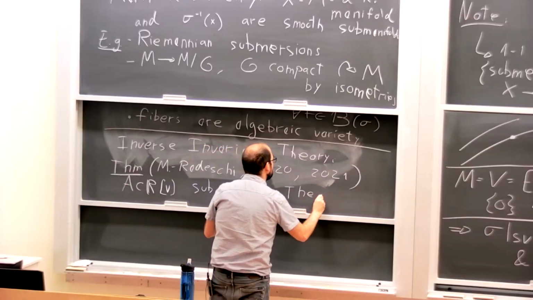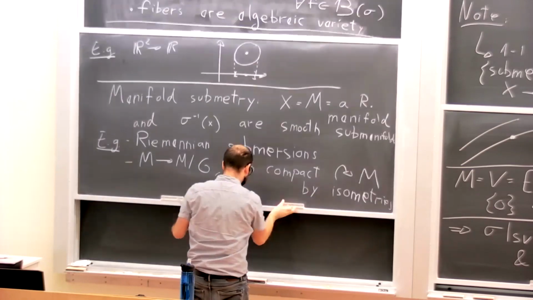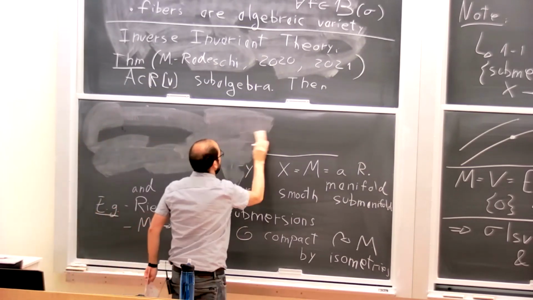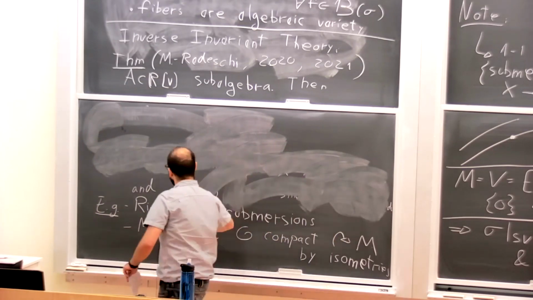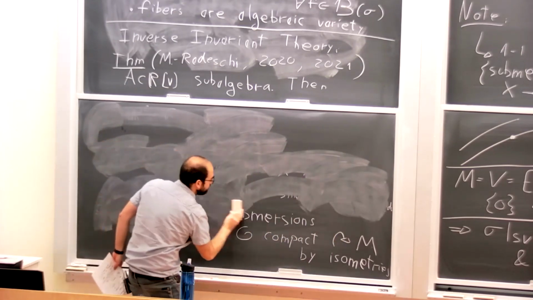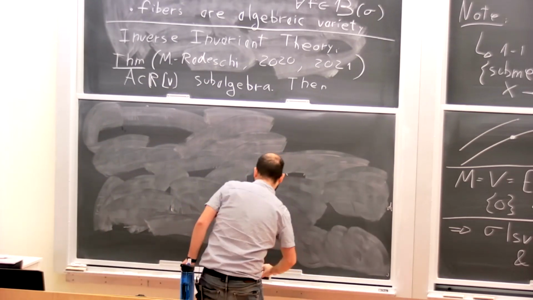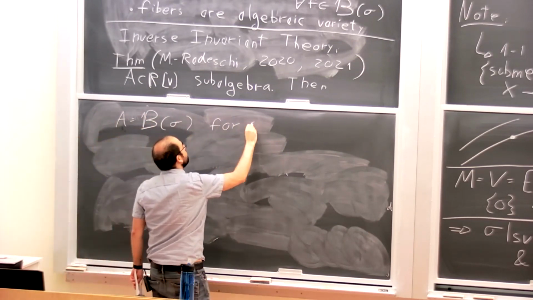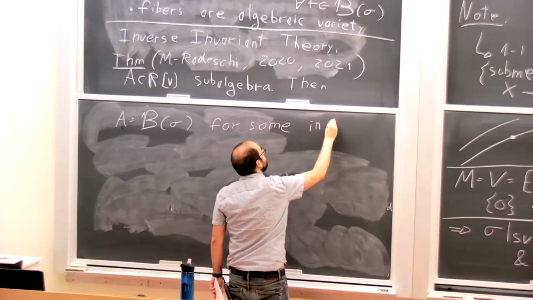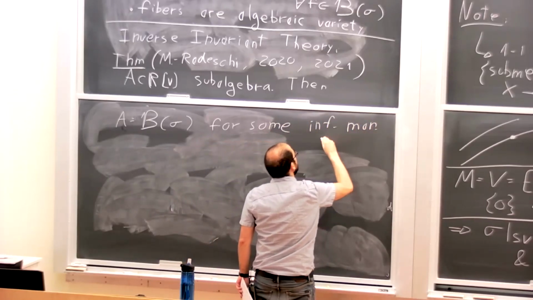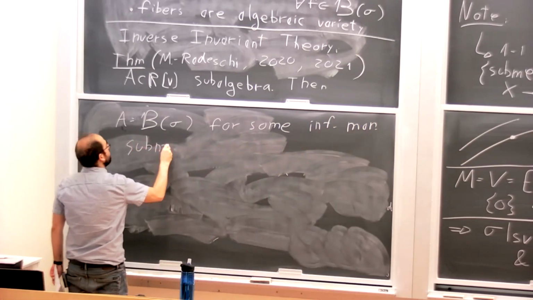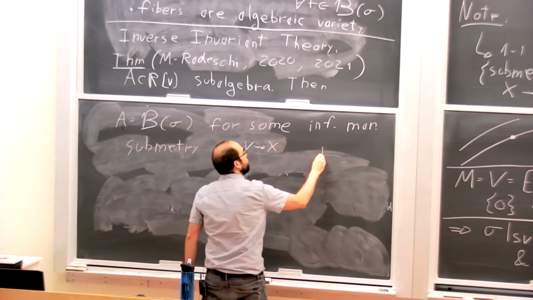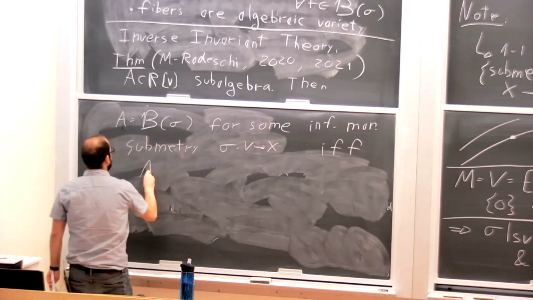Then A is equal to the algebra of basic polynomials for some infinitesimal manifold submetry sigma if and only if A is Laplacian.